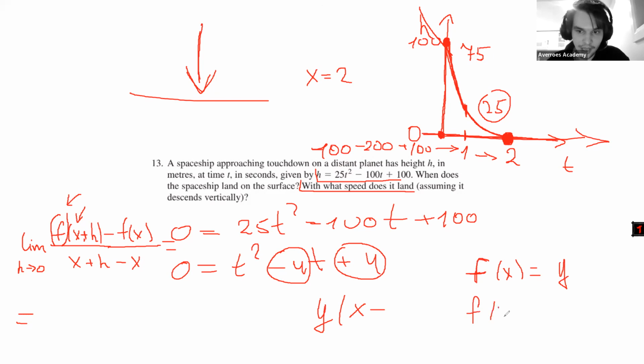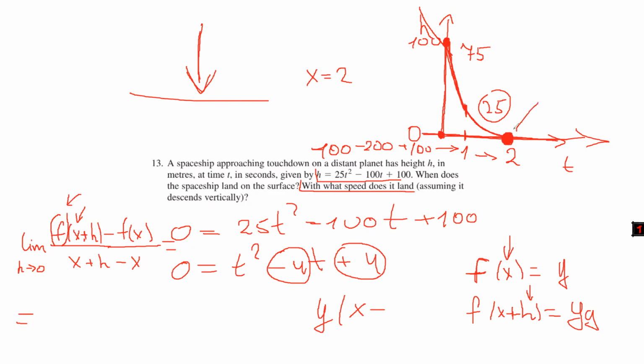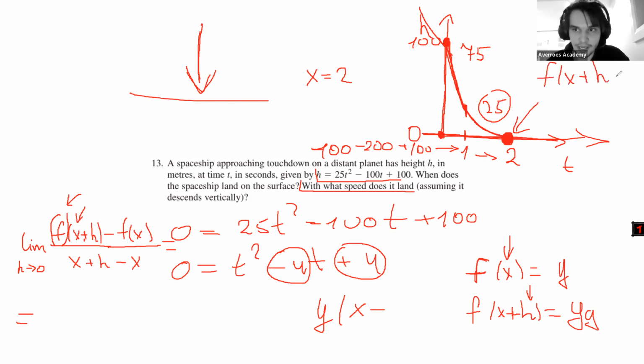If we say f of x plus h, we say that this is some other value of y at the point where x is equal to this value of x plus some h. So if you represent the points on the graph here, and we're looking at this point, I think I got it. This is our point. So the function f of x plus h would be equal to f of 2 plus h.